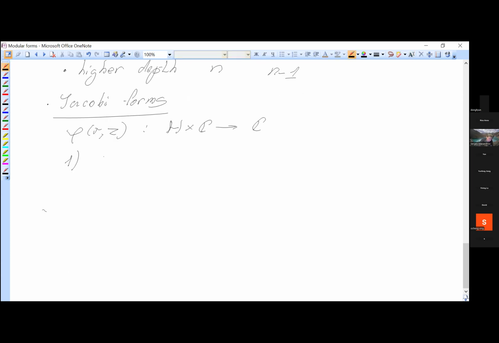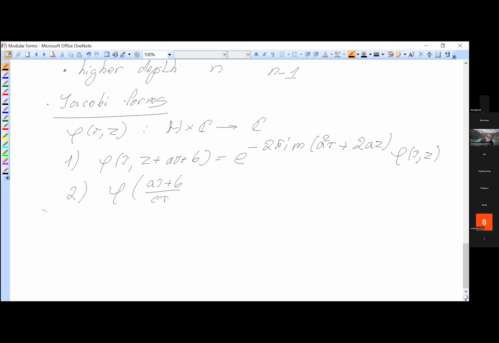So the first condition is the so-called elliptic property. Then we have the usual modular transformation, but here we also need to transform this second variable z, which is called the elliptic parameter.